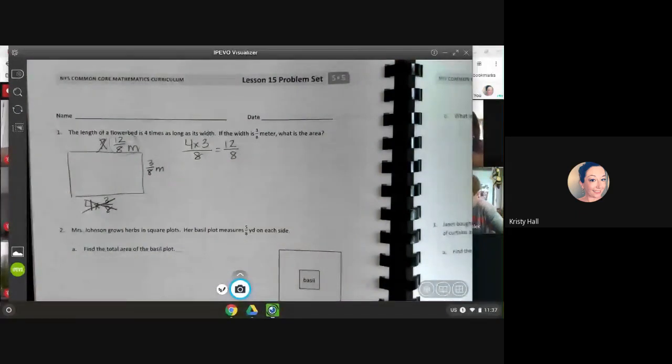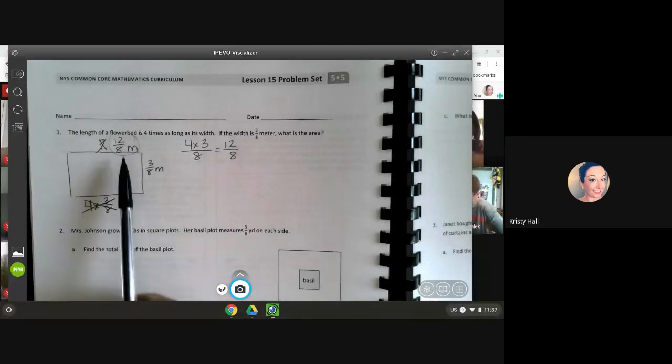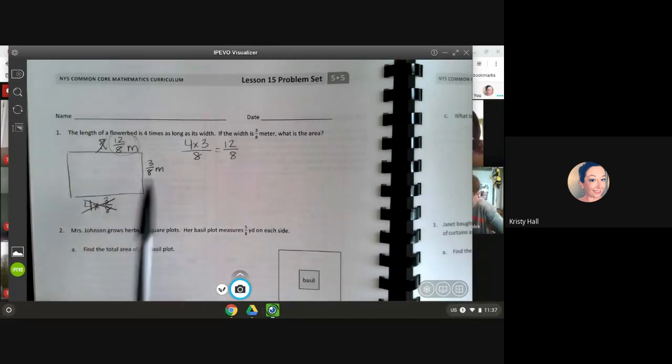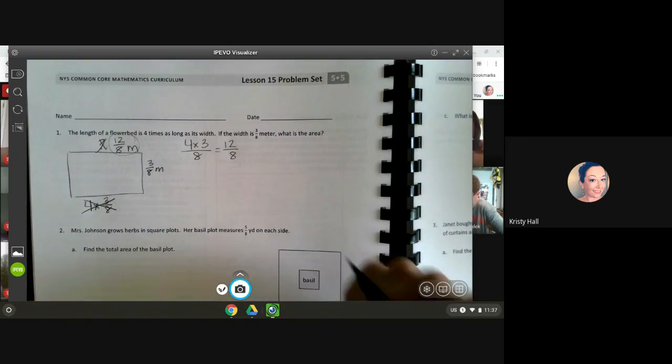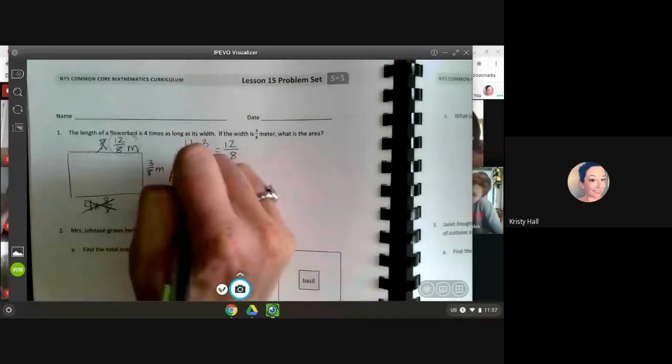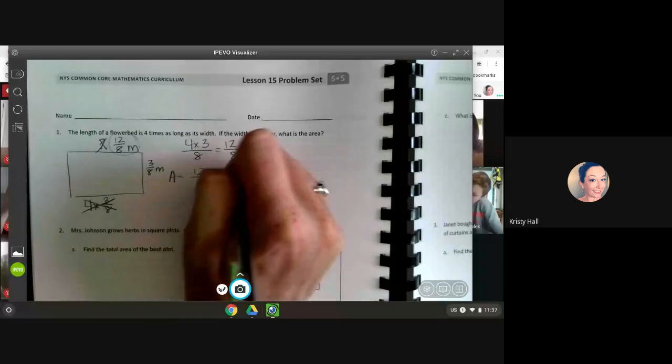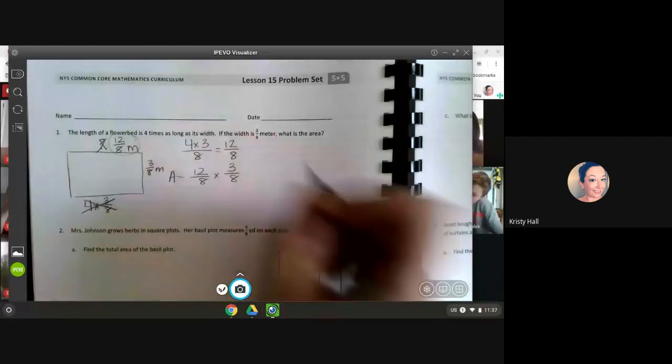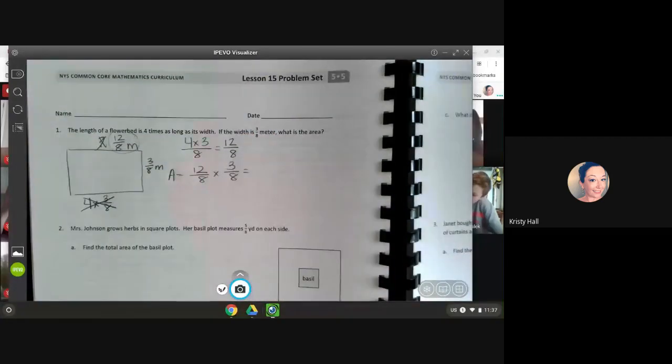Okay, so now that I have a length and a width, I need to find the area. So how will I find the area here? 12/8 times 3/8. Great. 12/8 times 3/8. All right, so go ahead, use your calculators, use your mind, whatever works for you.